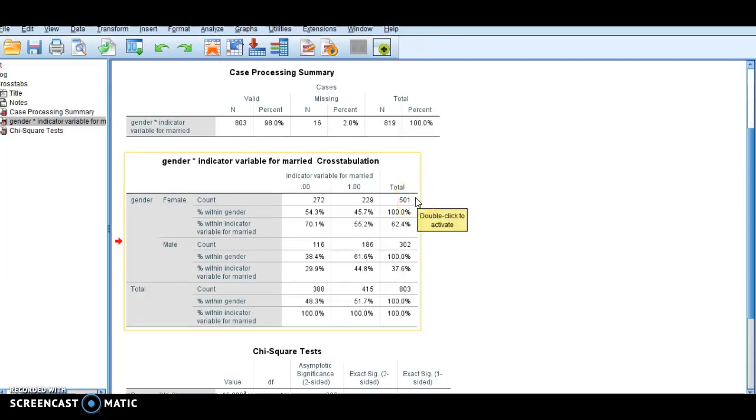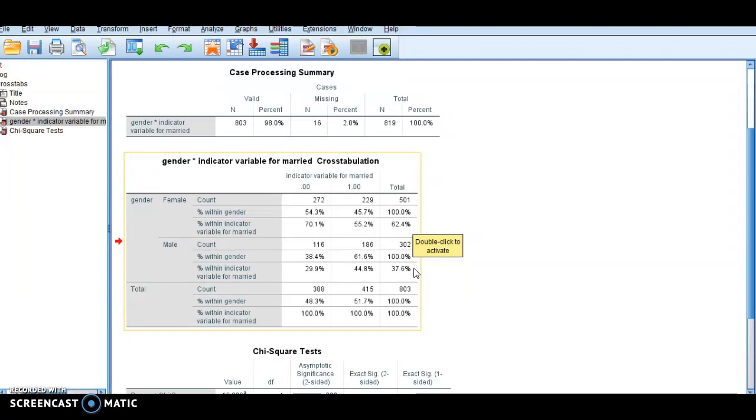So 501 of them were female, 302 were male, and this would indicate that, of those 803, which is the number that's down in this cell, of those 803 who had both of these variables complete, 62.4% were female and 37.6% were male.